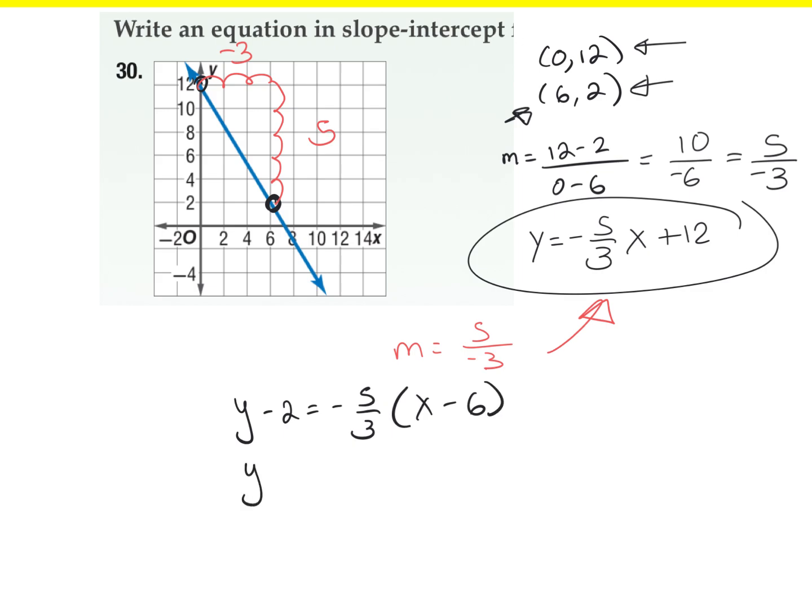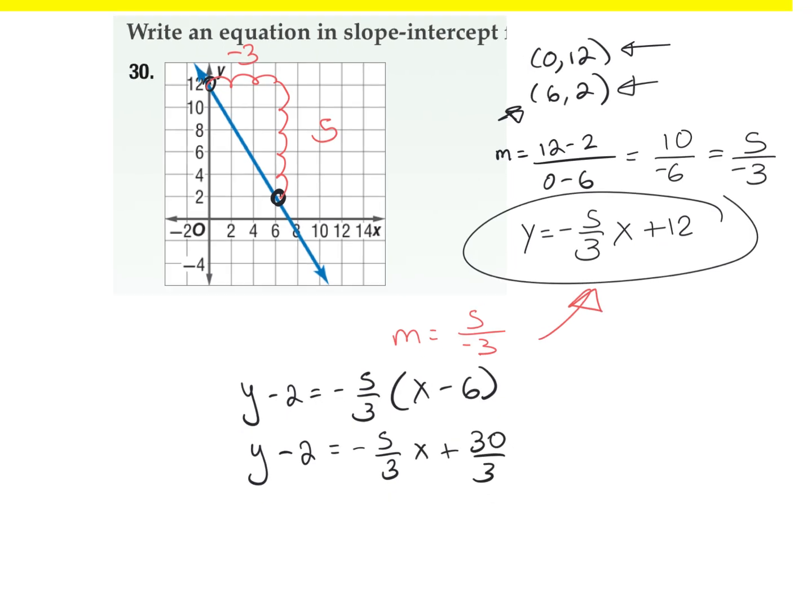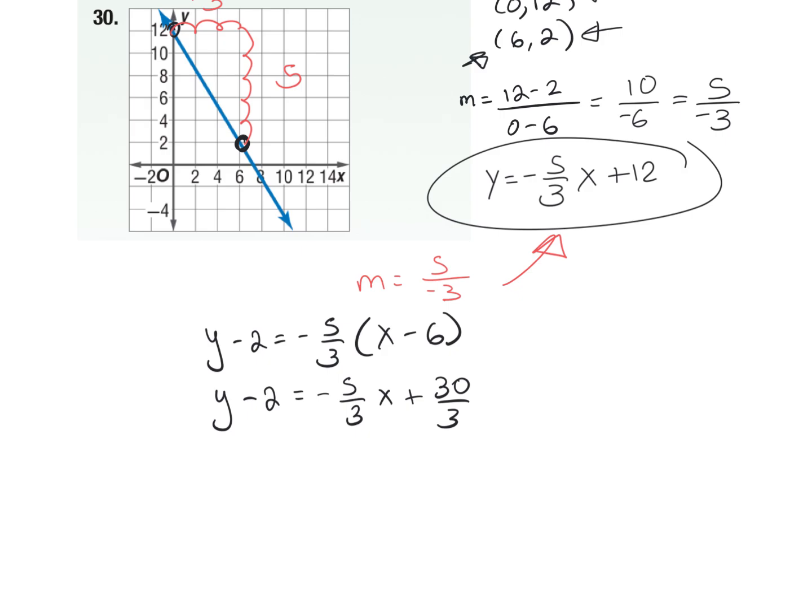So I'm going to get y minus 2 equals -5/3 x plus 30 over 3. That's going to give me y minus 2 equals -5/3 x plus 10. I'll add the 2 on both sides, and I end up with y is equal to -5/3 x plus 12.